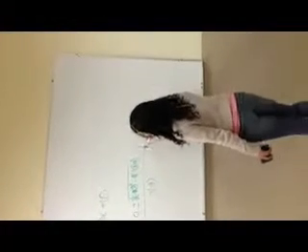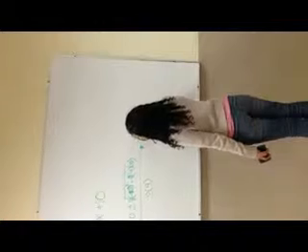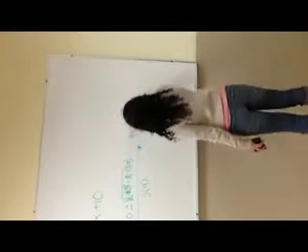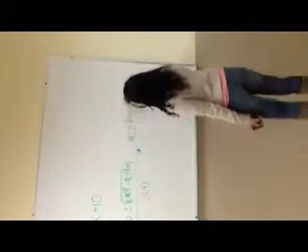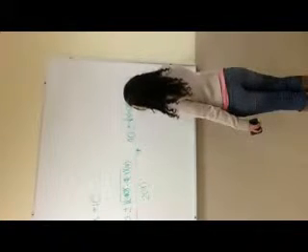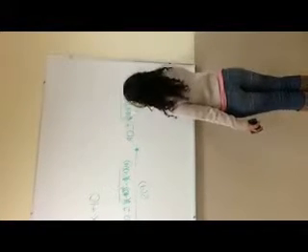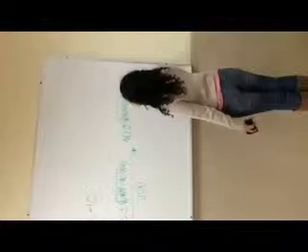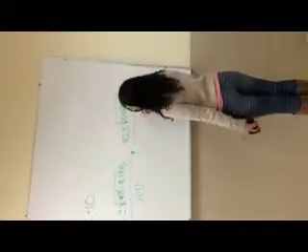Then you apply the arithmetic, and it's the square root of 1,600 minus 360, divided by 18.